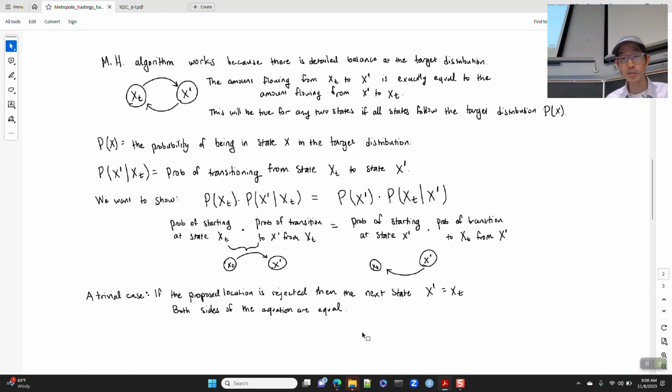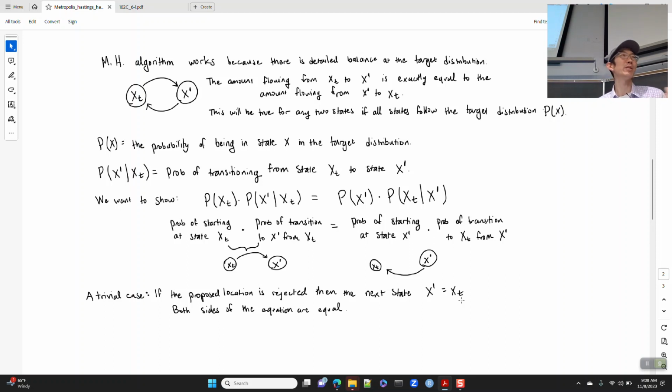And the trivial case is if the proposed location is rejected. Sometimes we propose a location and it gets rejected, then the next state x prime is equal to xt. And so both sides of the equation are equal.